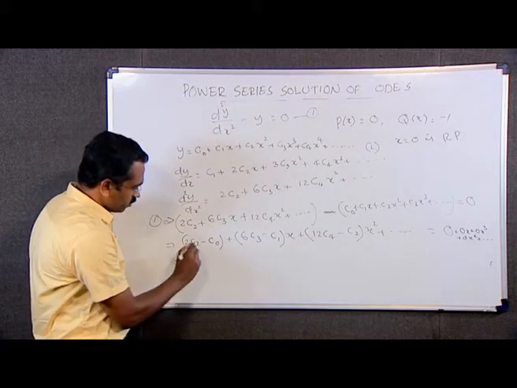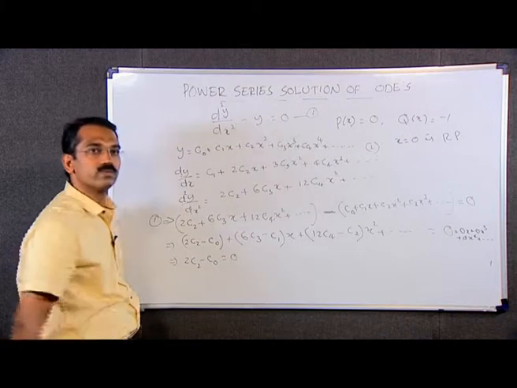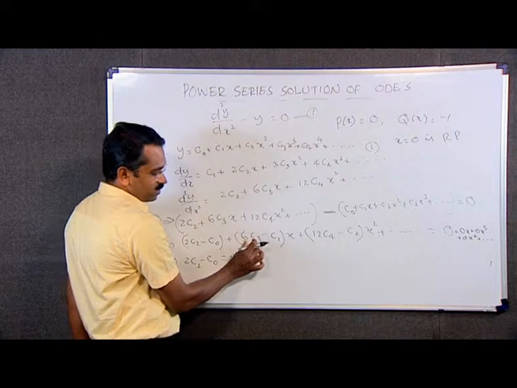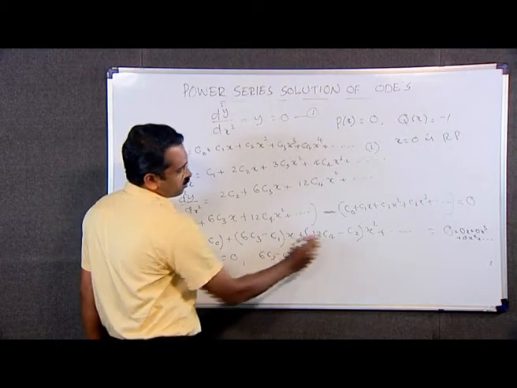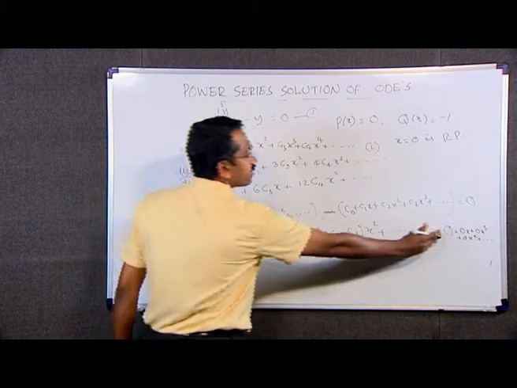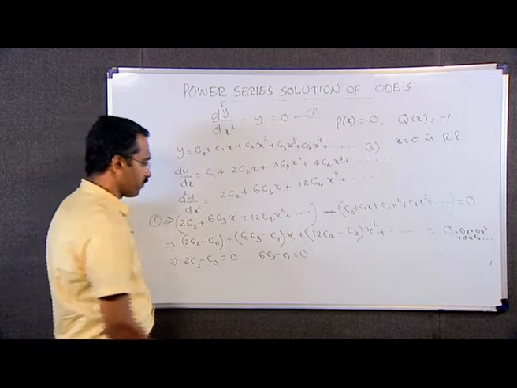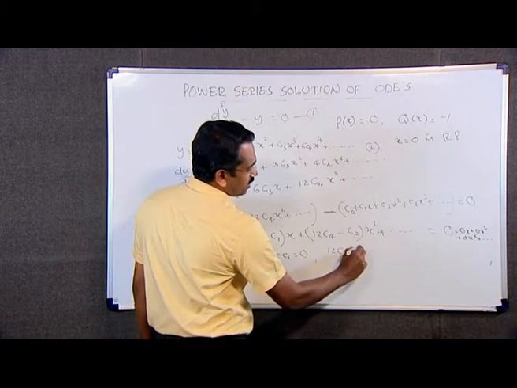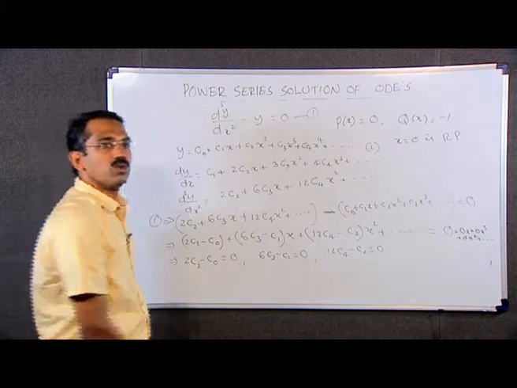We will get 2c2 minus c0 is equal to 0. From this 6c3 minus c1, which also equal to 0 because in the right hand side all the coefficients are 0. From this we can write 12c4 minus c2 is equal to 0 and so on.